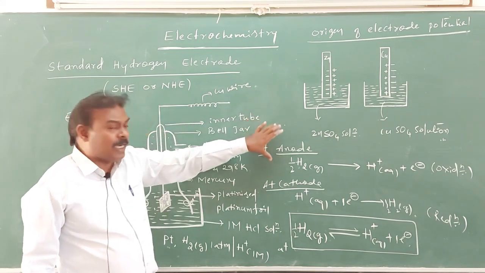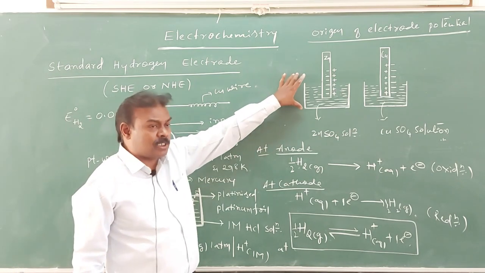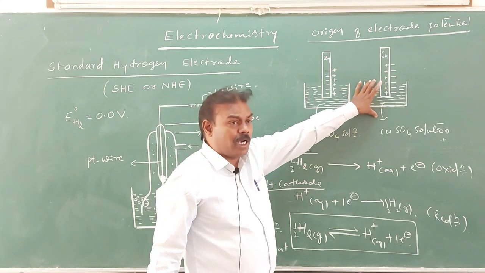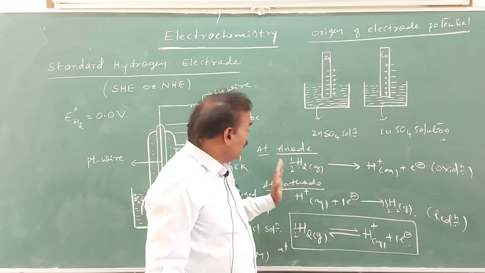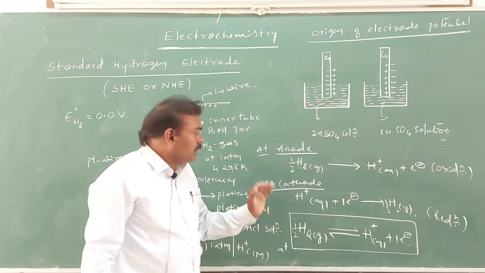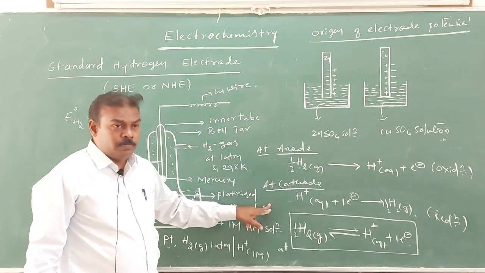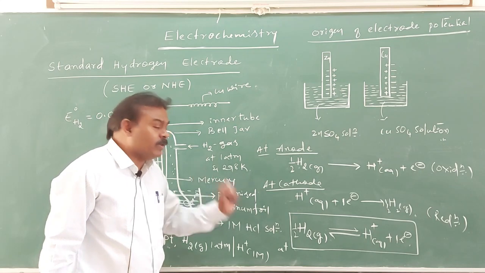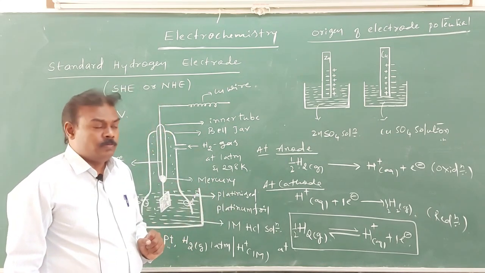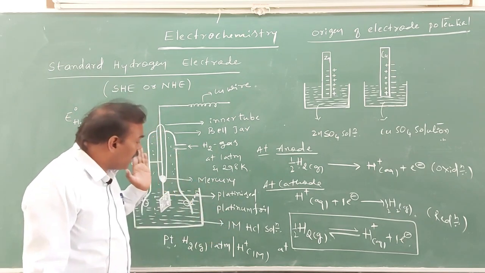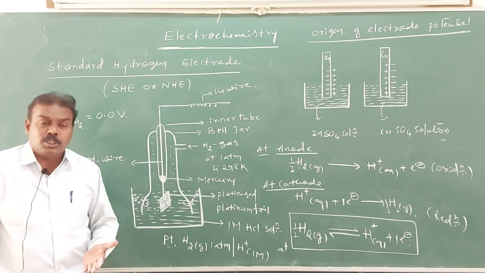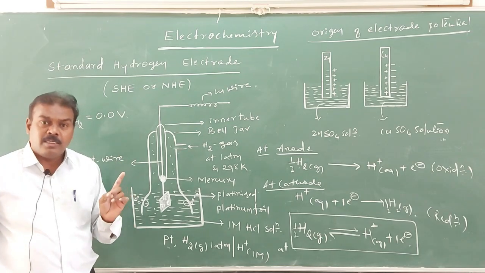Zinc is more reactive than hydrogen, therefore zinc undergoes oxidation and hydrogen undergoes reduction. Suppose we connect with the copper electrode, then hydrogen undergoes oxidation and copper undergoes reduction. In that way, it acts as both cathode and anode. Therefore it is called a universal electrode, or also a reversible electrode. Therefore, this standard hydrogen electrode is used to measure electrode potentials of any other electrodes.